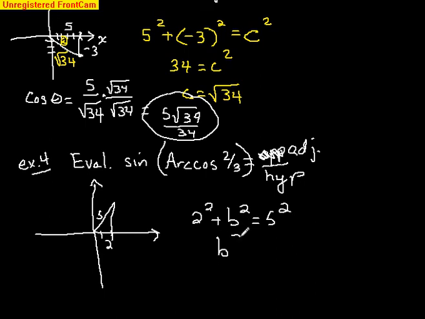And that would be b squared, 25 minus, let me just do this out, can't think that fast. So we get b squared equals 21, and I'm doing something different here.